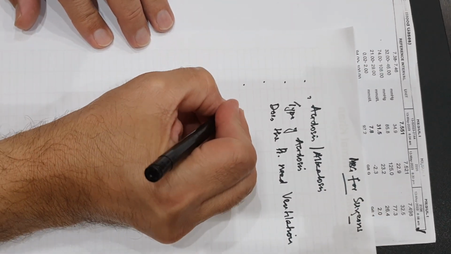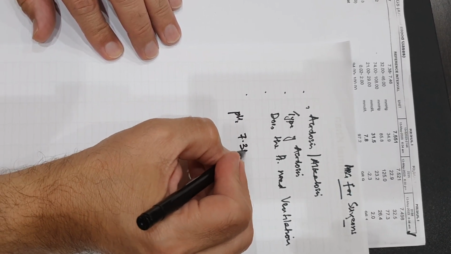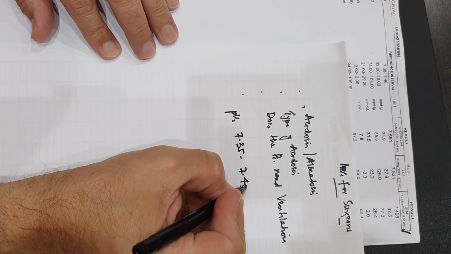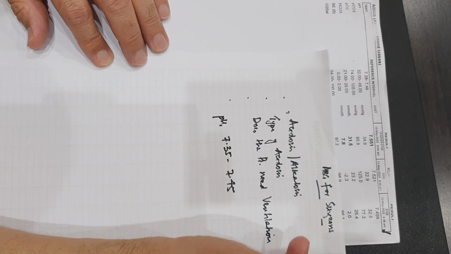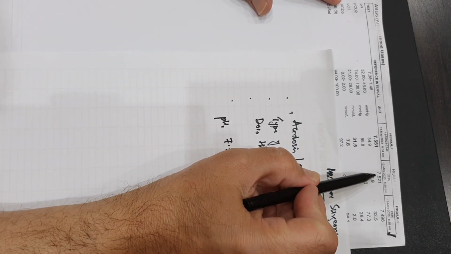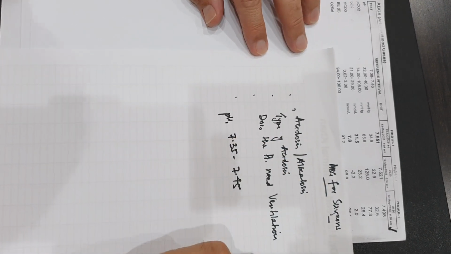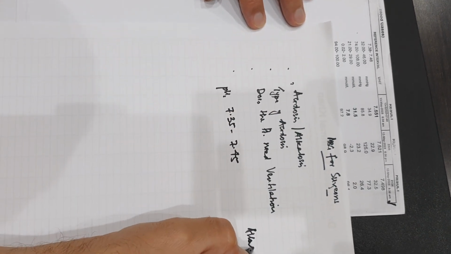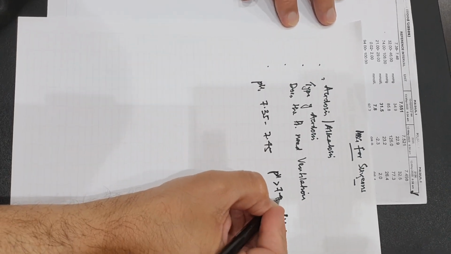The normal pH, remember, is between 7.35 and 7.45. So that's the normal one. If the patient has a pH which is greater than 7.45, as you can see in this particular report, this becomes alkalosis. That means a pH of greater than 7.45.